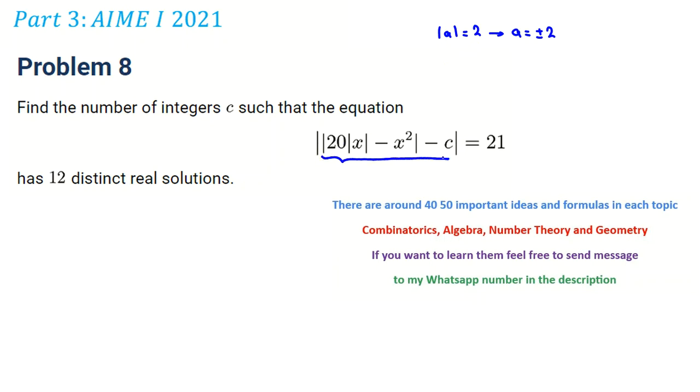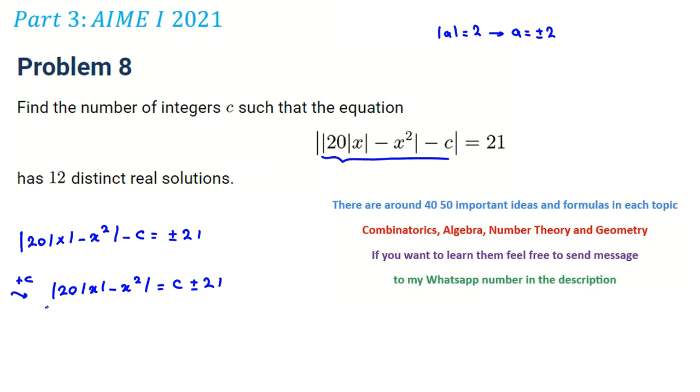So when the absolute value of that is 21, inside is plus minus 21. So we can say absolute value of 20 times absolute value of x minus x squared minus c is plus minus 21. Now we can add c to both sides. So it will be absolute value of 20 times absolute value of x minus x squared equals c plus minus 21.